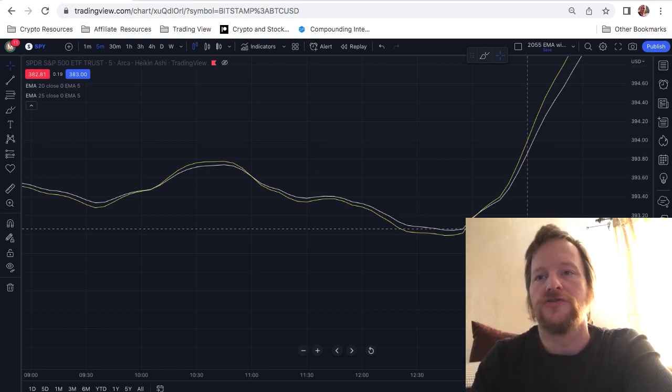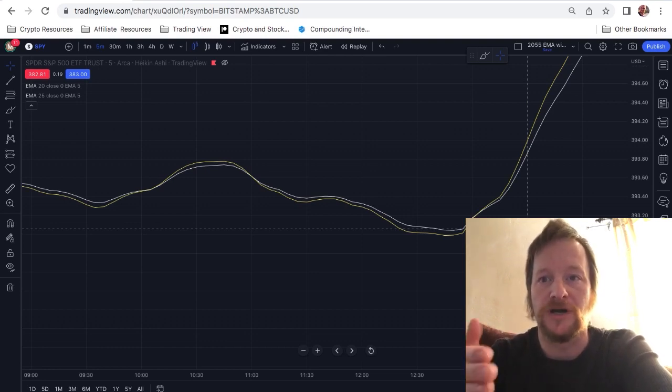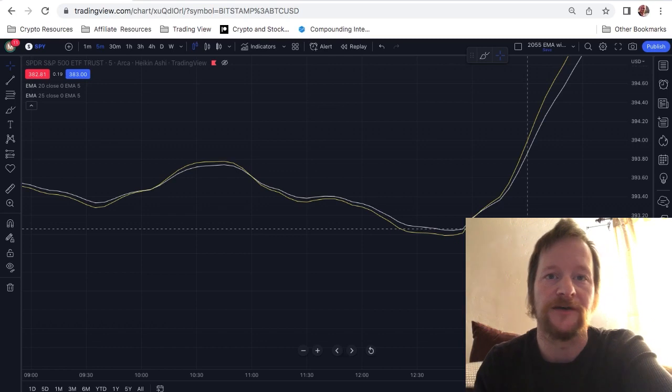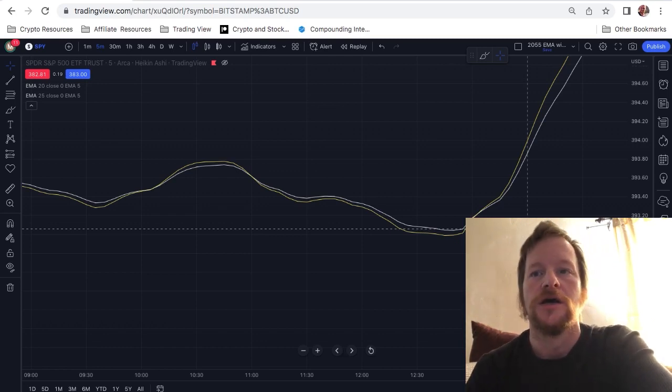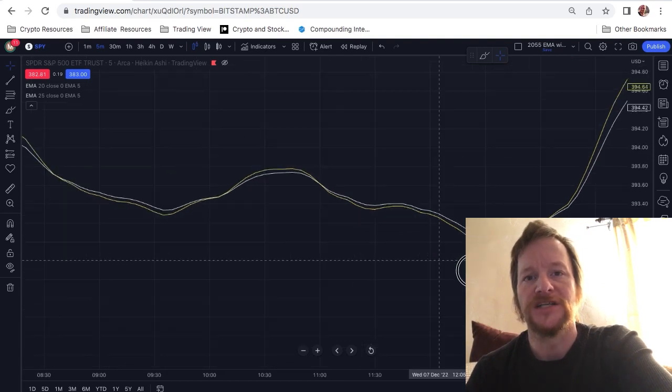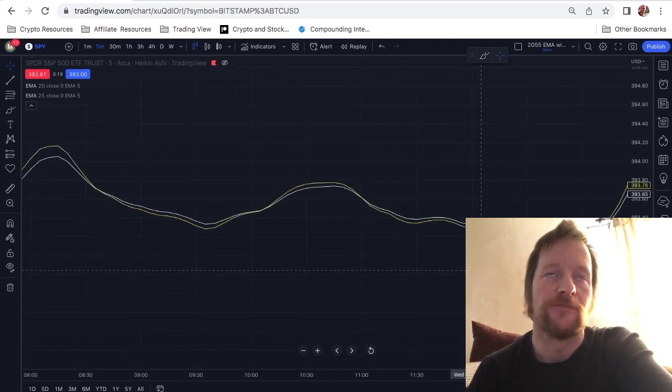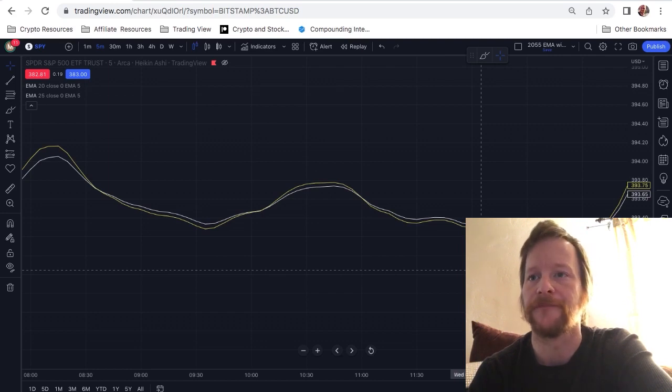You could really see where the market's going just by doing the 20 and 25 and remove the candles, because that's just a distraction. Anyway, if you guys like this strategy, I'm not responsible for any profit or loss. It's just some of the methods that I do when I do my trading.